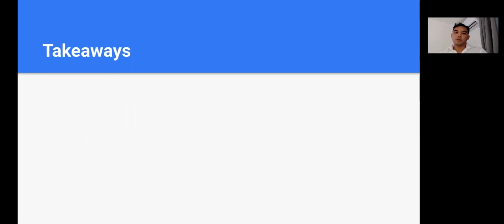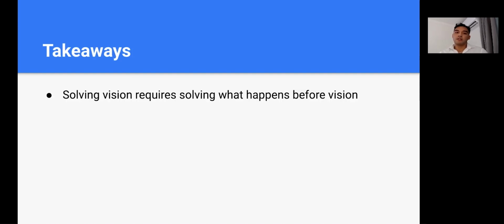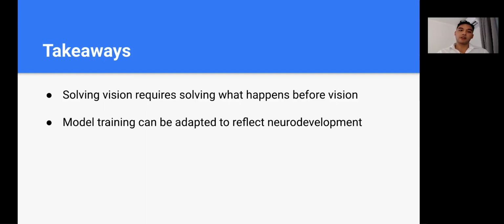And so really the take-home message of this talk is, first, that solving vision, at least from a biological standpoint, requires solving what happens before vision, before the visual experience actually occurs, if we want to be faithful to biology and we care about modeling the brain. The other thing is that model training can be adapted to reflect these biological realities and become more biologically plausible.